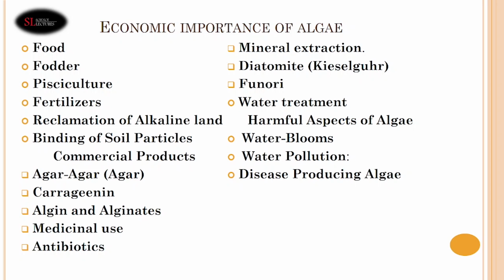So the combination of Nostoc and Anabaena also greatly improves the nitrogen content of the soil, which makes the soil highly productive. So we've seen algae being used as a fertilizer, but in this case, it can also be used to reclaim alkaline land. The best example of alkaline land is land around mines. And then the other thing is algae can be used to bind soil particles.